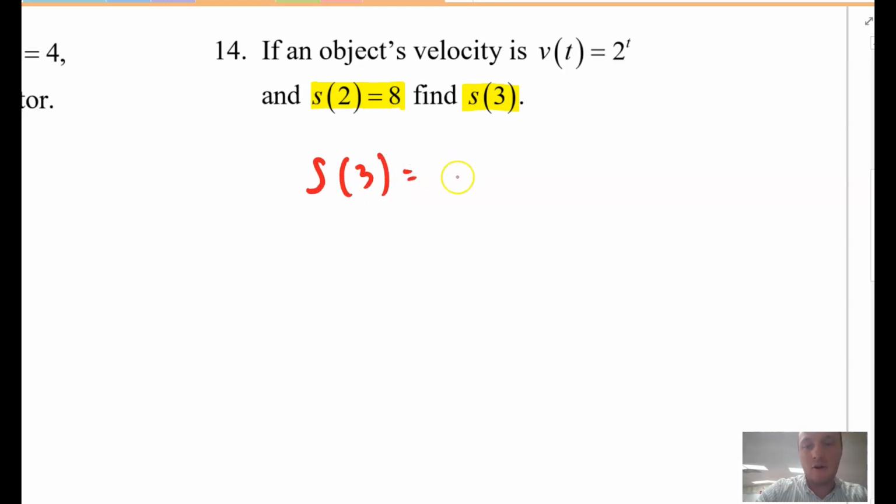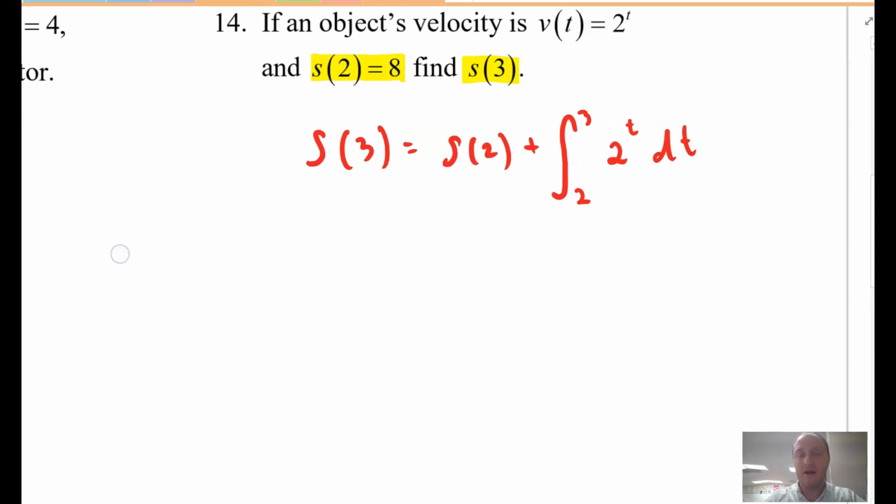I know I have to start out with a value, so that's s of 2, and I have to accumulate. Well, how do I accumulate? You're going to integrate from your initial value, 2, all the way to 3, and I'm integrating the derivative v of t, so that's 2 to the power of t dt.